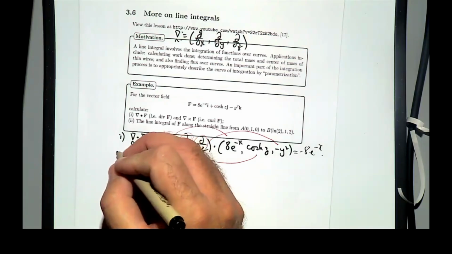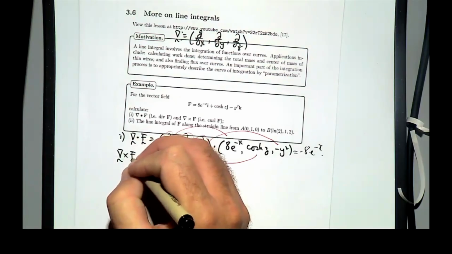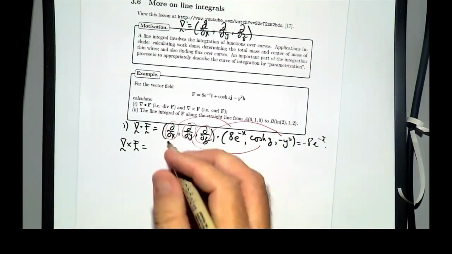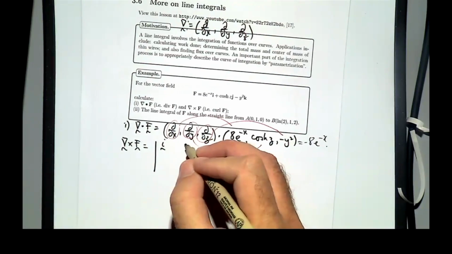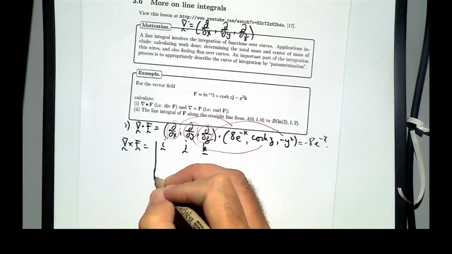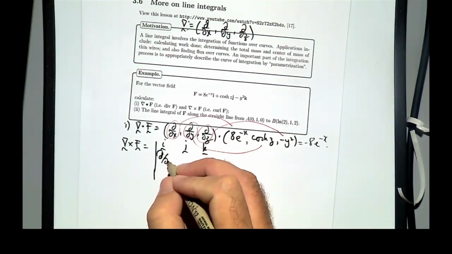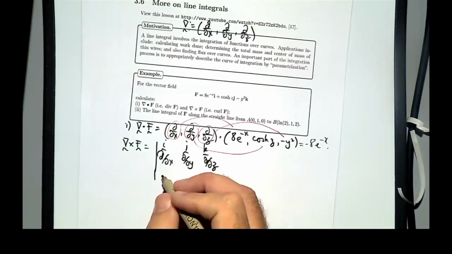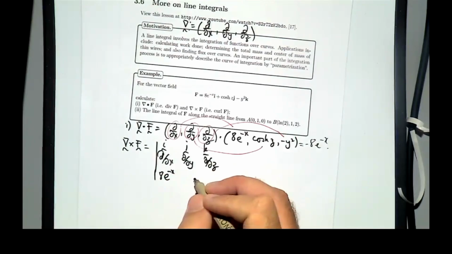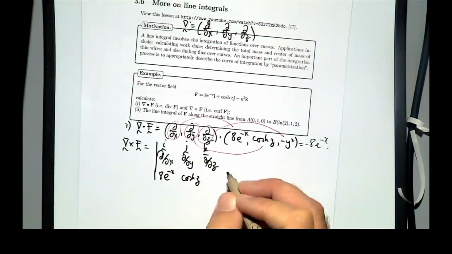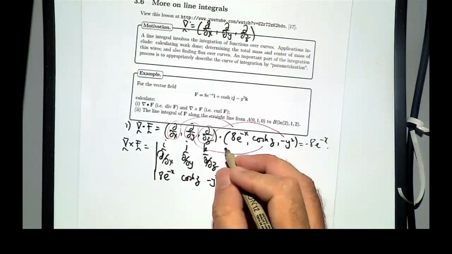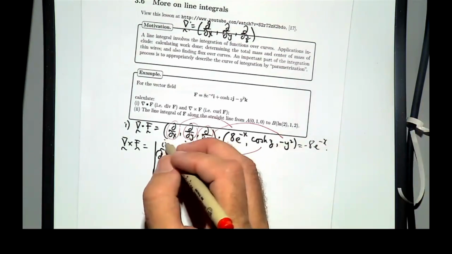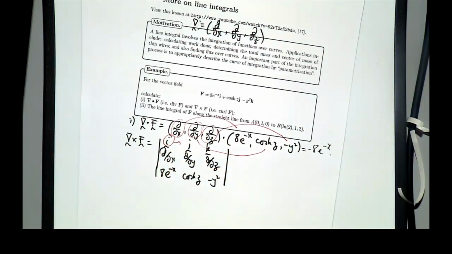Okay, curl. I do them as determinants, but you can do them any way you like. Just remember the way I do it, I start on the top row and I expand along the top row, top left-hand corner.